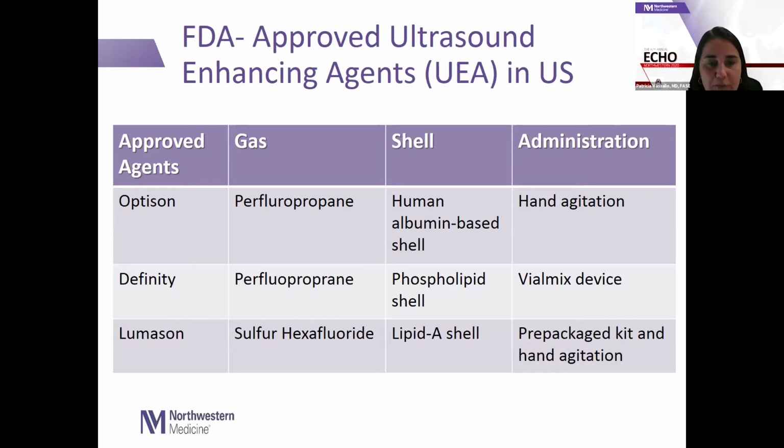Optison has a human albumin-based shell, while Definity and Lumason have a lipid-based shell. This again allows for slower diffusion of the bubbles and allows for left ventricular opacification, which is the only FDA-approved indication for cardiovascular disease. Optison and Lumason are both hand agitated, while Definity requires a vial mix device.